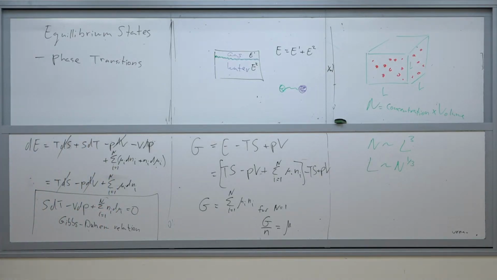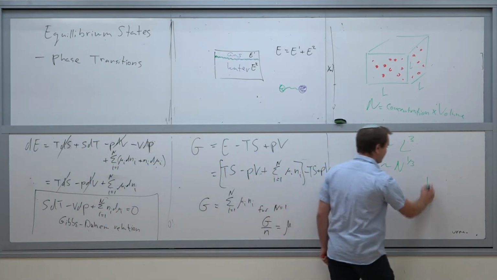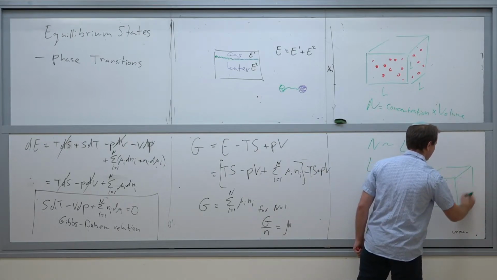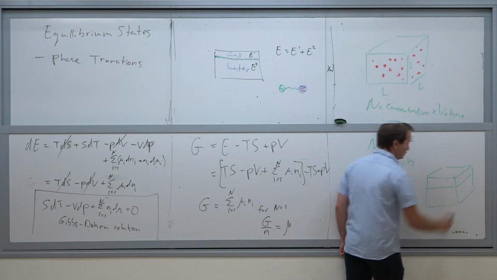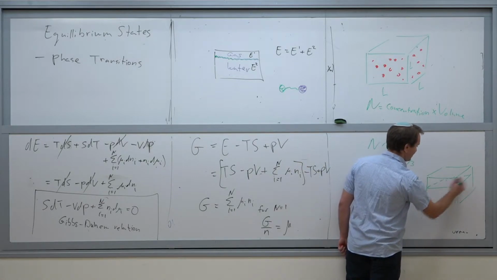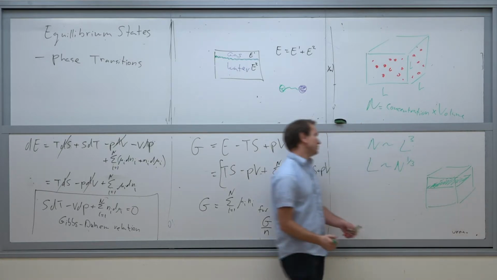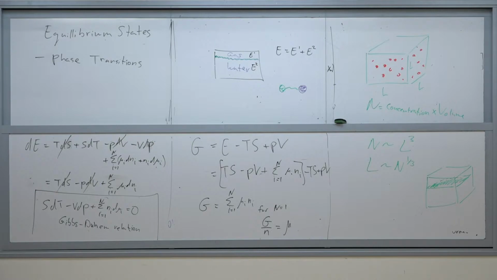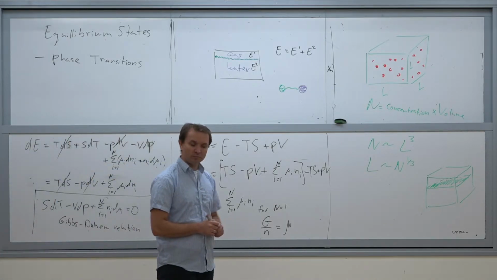Now, what if I had a box and this box is separated into two subsystems, and I'm looking at the interaction energy of the surface between the two systems? So you're saying that it's because there's a small number of particles interacting.